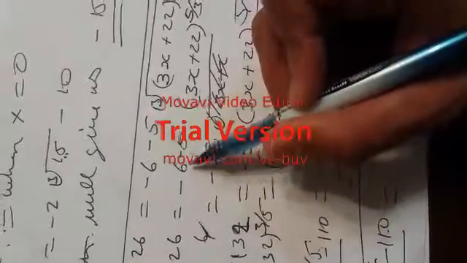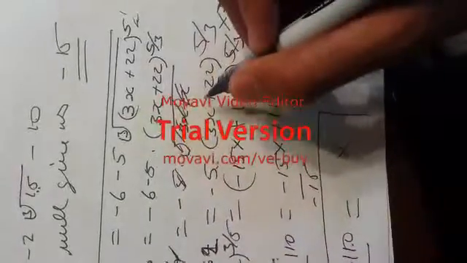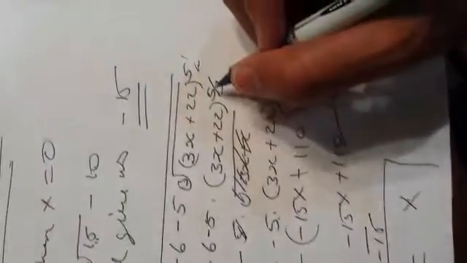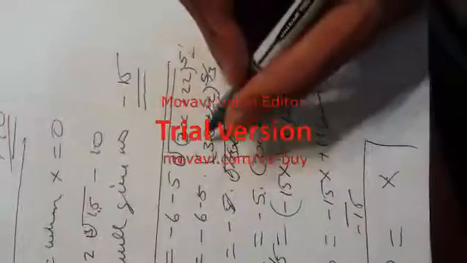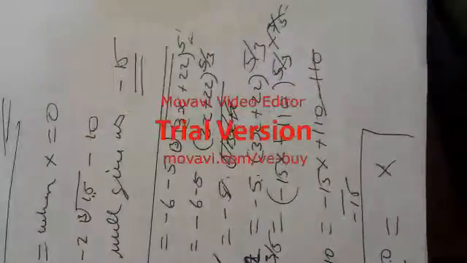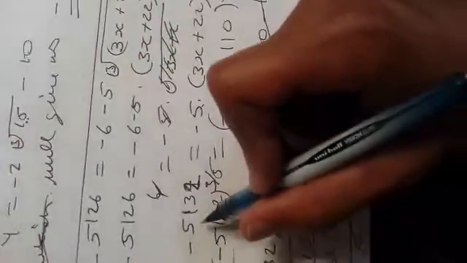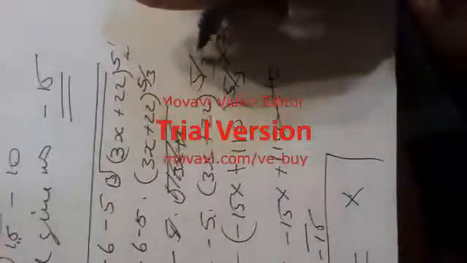I got rid of the 6, which was the simplest thing to get rid of immediately, and then I moved this as a 5/3, because we have a 5th power over here and we have a cube root, so that will just become 3x plus 22 to the 5th over 3 power, and then we eventually get negative 5,132 is equal to negative 5 times 3x plus 22 to the 5th over 3 power.